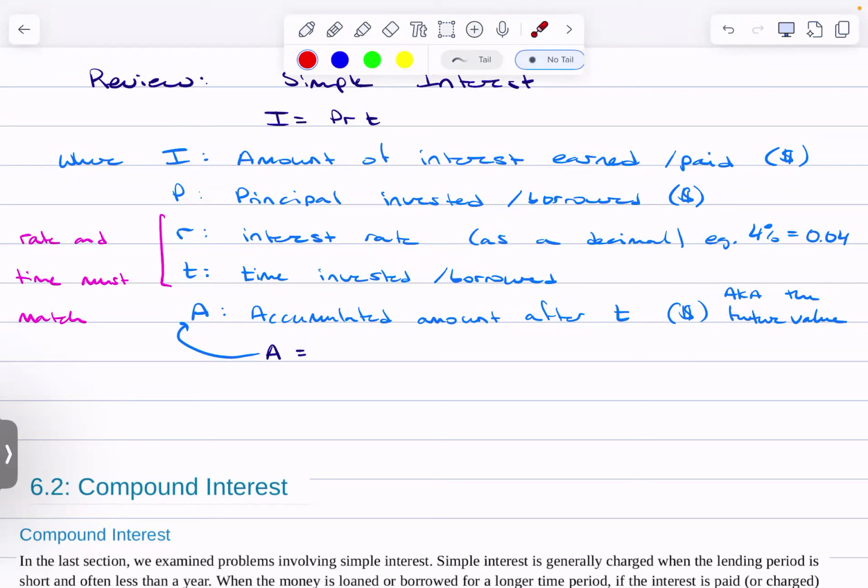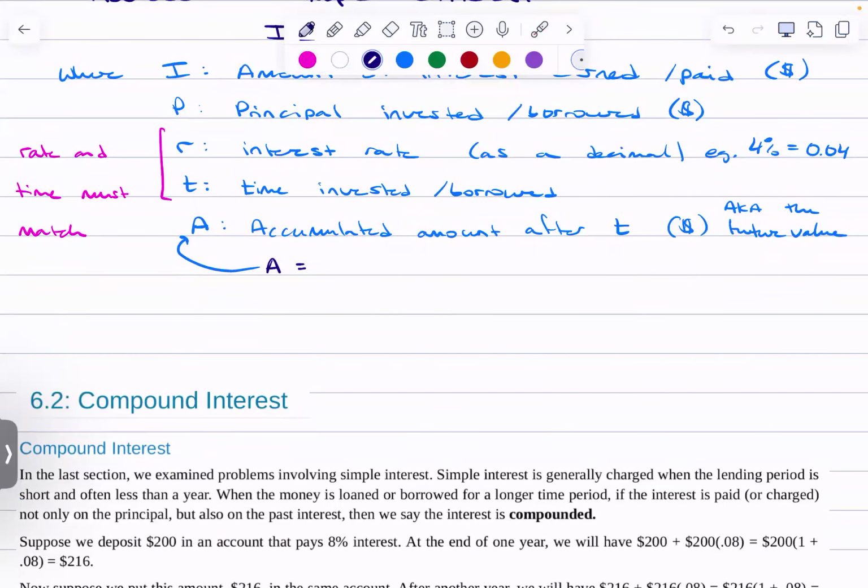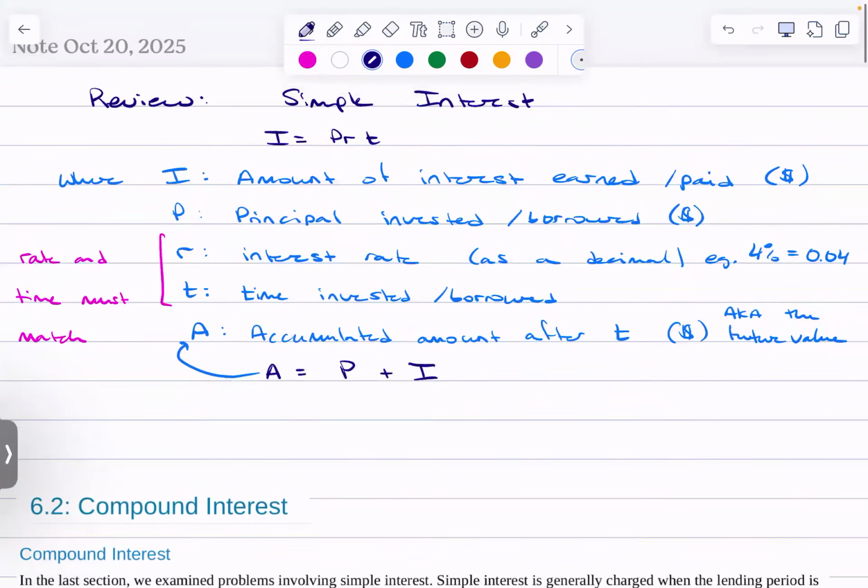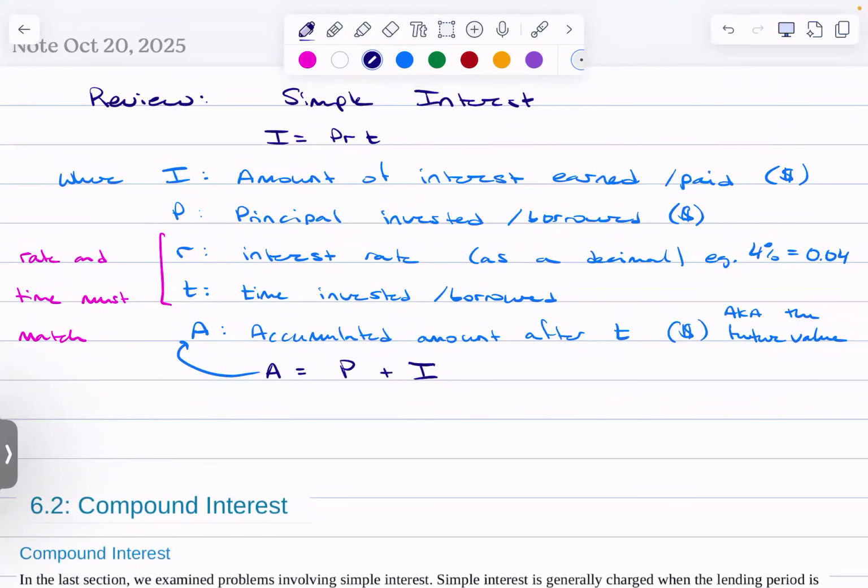After some amount of time, you earn some amount of interest, which means that the accumulated amount is P plus I. You can move between these: I is A minus P, or P is A minus I. You can switch these around however you'd like.